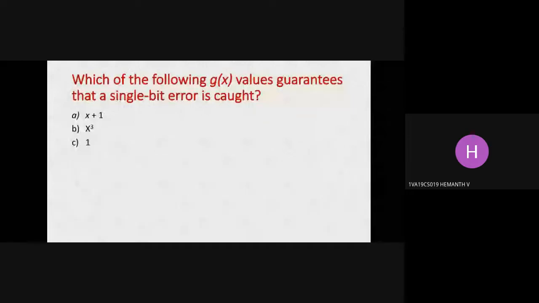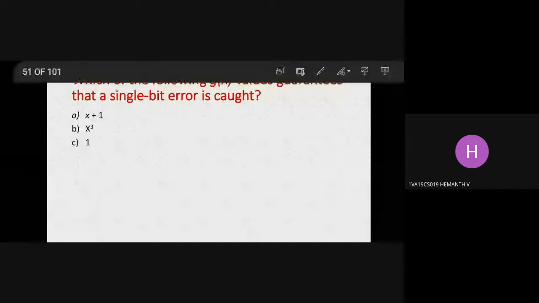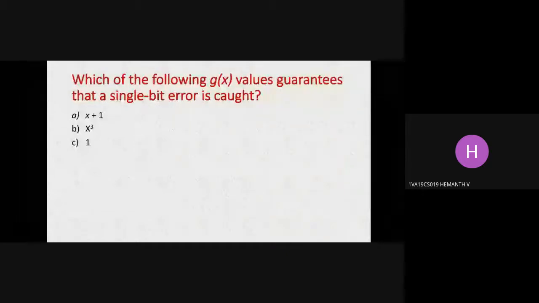Do remember, the divisor is represented in the form of g of x. Here a, b, c are all generators, or divisors. Which of the following generator values guarantees that a single bit error is caught?